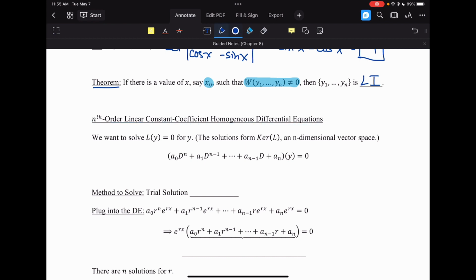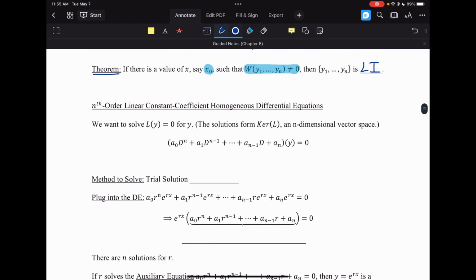So we're looking at L of y equals 0. Okay, so these are the solutions from the kernel of L, an n-dimensional vector space, and we have this general notation that we introduced in the last section. So we're looking at solving more of those types of problems.